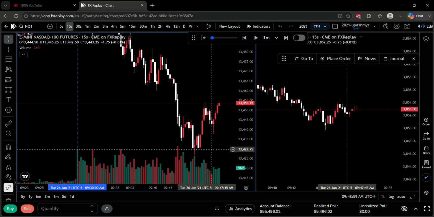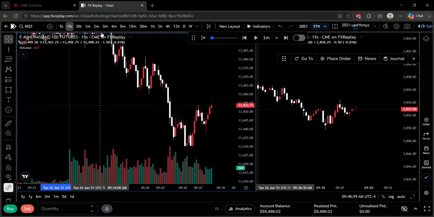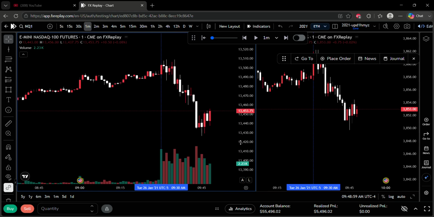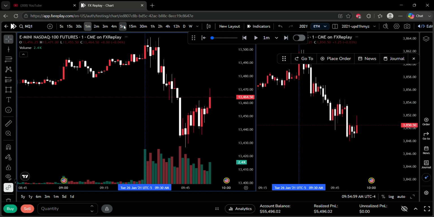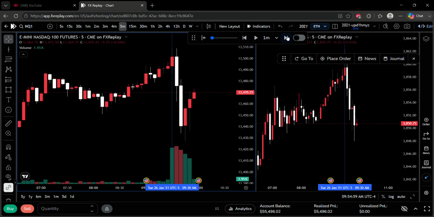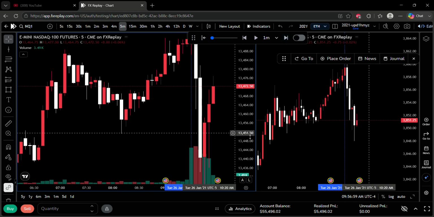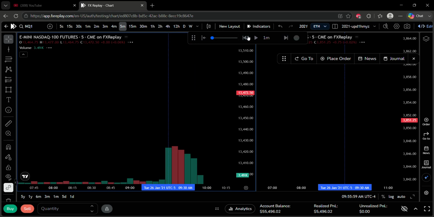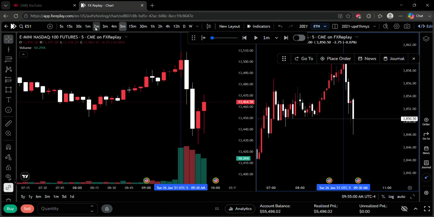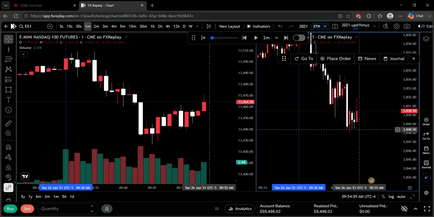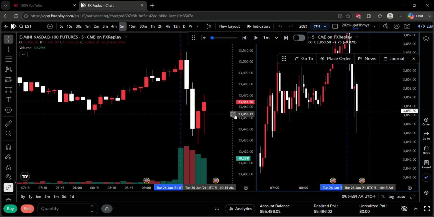Structure here is not good to take a 15 second or a 30. See if we get to this 5-minute. We did. Look where ES is at this time.